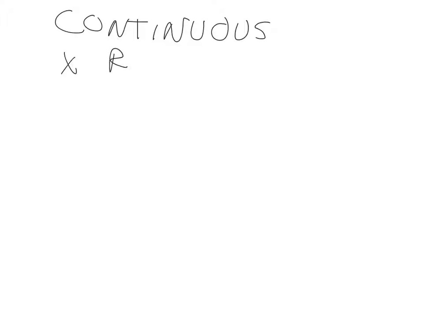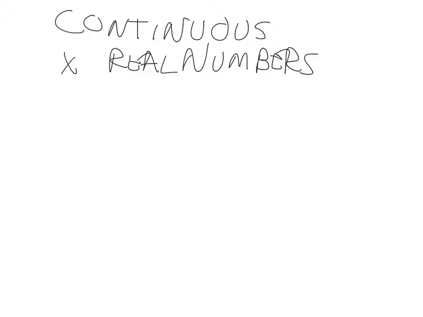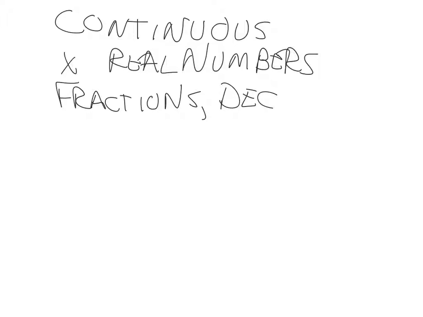Okay, you ready? Good. So when you have variables that are not discrete, when you have continuous random variables, then your x's are real numbers. So here you're going to pick up your fractions or your decimal extensions, decimals, things like that.